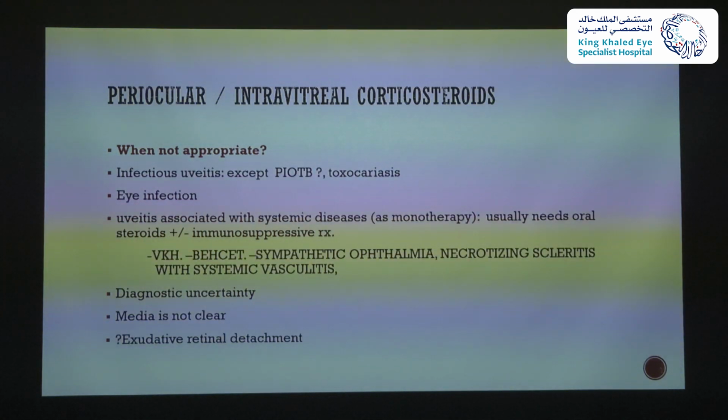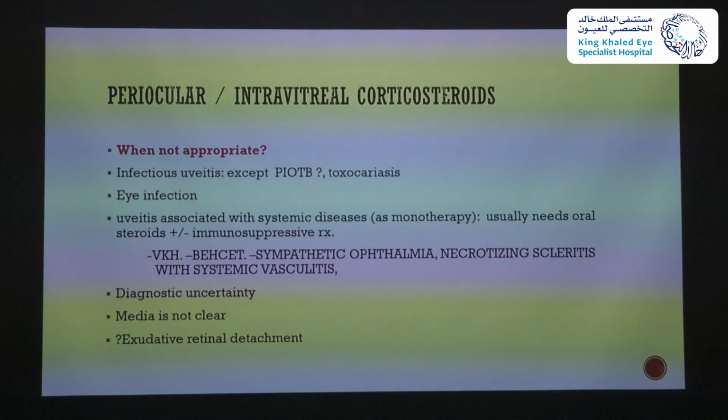And when are periocular or intravitreal corticosteroids not appropriate? Of course in infectious uveitis, with the exception of TB uveitis and possibly toxocariasis; if there is ocular tissue infection like conjunctivitis or blepharitis; if uveitis is associated with systemic disease, it is not contraindicated, but contraindicated to use it as monotherapy. We can add it to systemic therapy, of course.